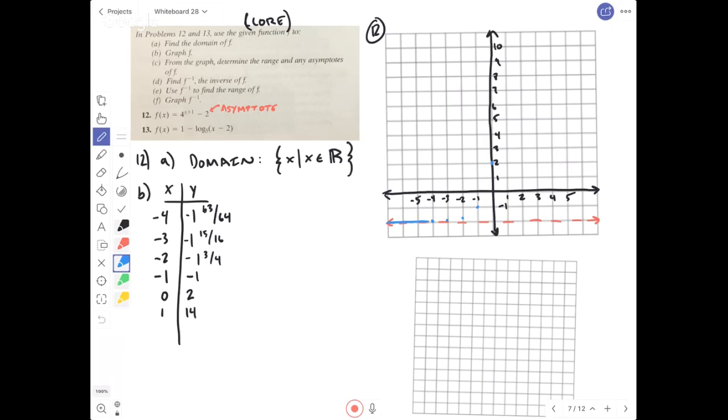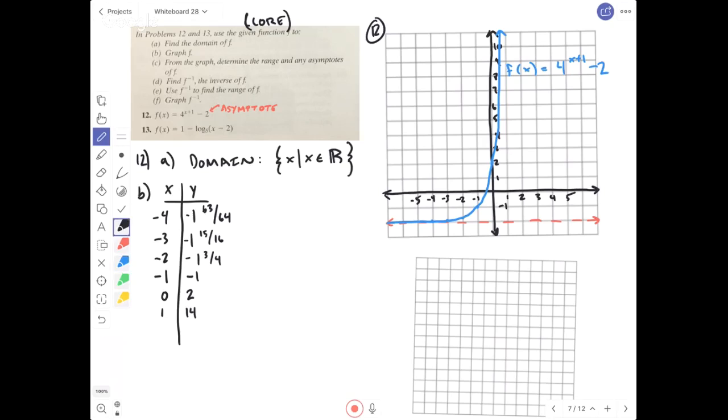So I'm seeing that my curve looks something like that. Okay, there is f of x equal to 4 to the x plus 1 minus 2.